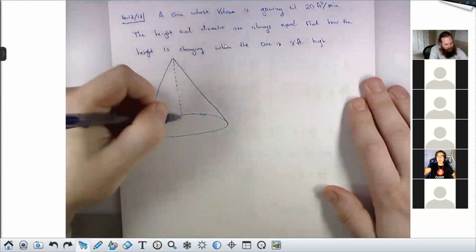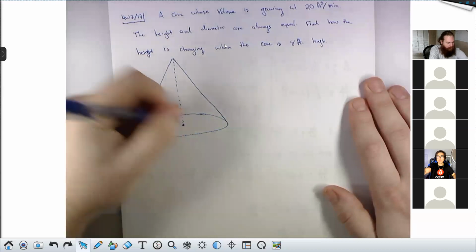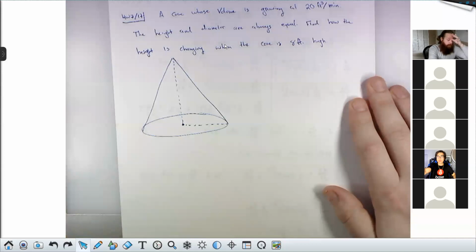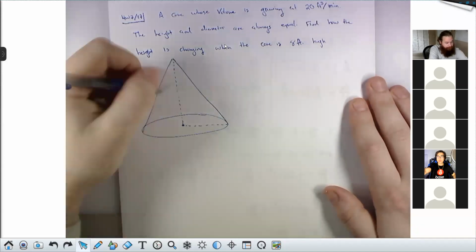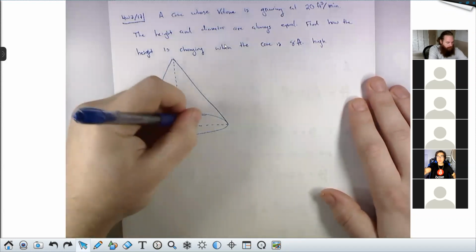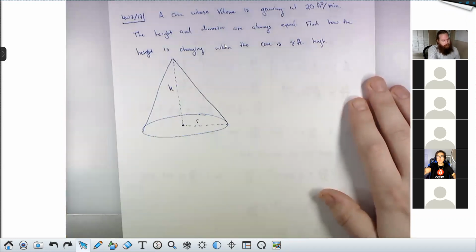Here's the height. Here's the radius. The height I'll label as H. The radius I'll label as R.